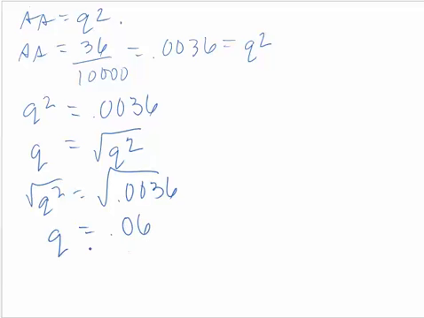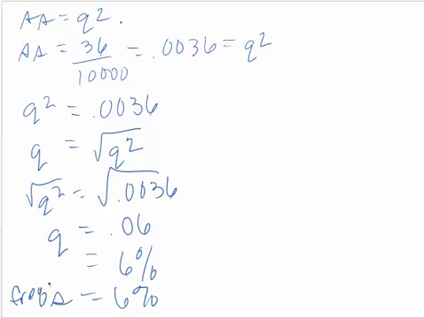Now the frequency, we have to change to a percent, because it asks for the frequency of the little s allele. That will be 6%. I'm going to put FREQ for frequency, because that's what it asks for.